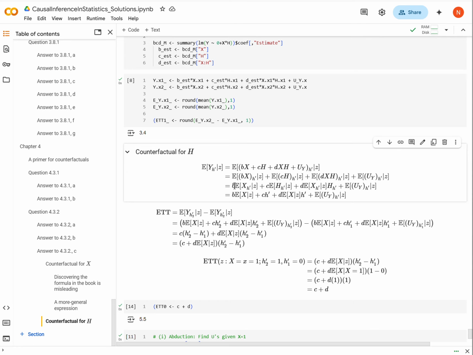Then I take my constants outside of the expectations, and now I'm going to apply the little h prime operator here. So x little h prime is just x, because little h prime goes through its term and looks for capital H's, and doesn't find any, and therefore it doesn't mean anything. Same thing here.